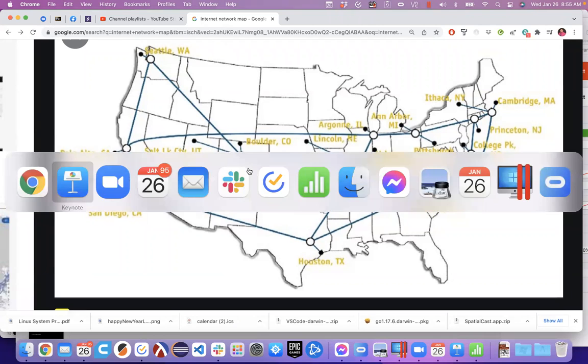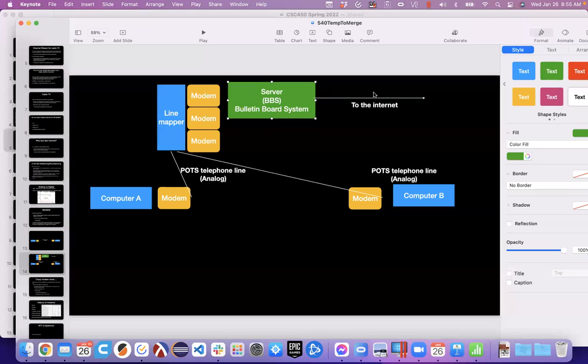But in any case, looking from the United States perspective, every one of those white circles was a bulletin board server, something that looked like this. They maybe didn't have access to modems. Maybe the only people connected to it were local computers. Like, for instance, when I was down at NCSA, I didn't dial in through a modem.